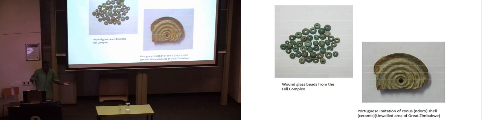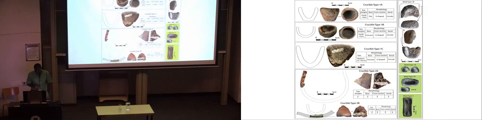So maybe the Portuguese knew that Great Zimbabwe was there, but chose not to report about it, or more importantly, they were only concerned with the north, where they were obtaining their gold and so on. So it's just anybody's guess, but that's something that is interesting, particularly in terms of the dating of Great Zimbabwe, because this is certainly indicating that Great Zimbabwe partly overlaps with the Portuguese period.